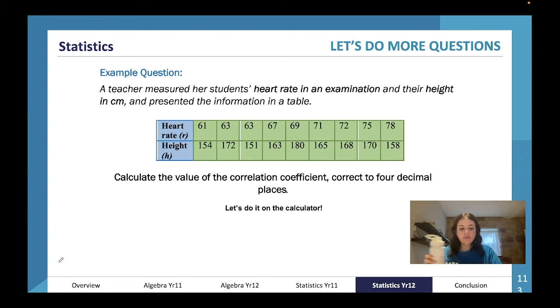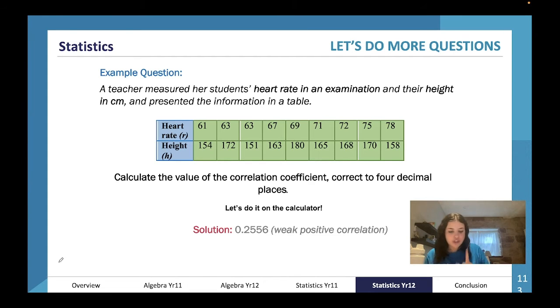Okay, once you've done that, hit on or AC, one of the two buttons. Shift 1, 5 for regression, and you should get R equals 0.25556.